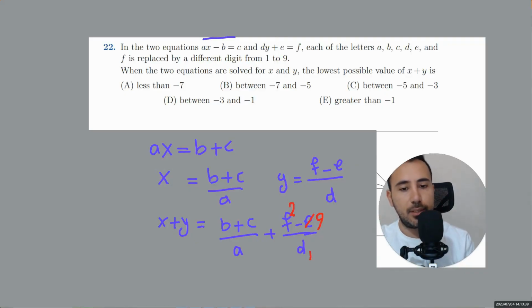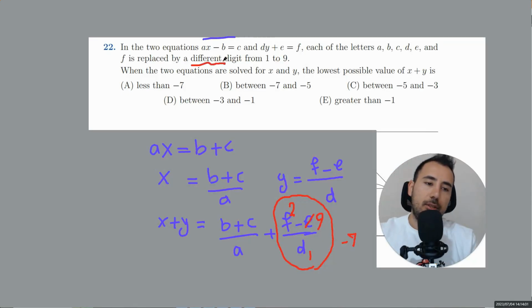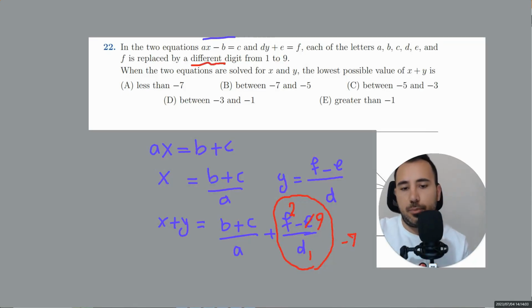So it's going to give us negative 7. This term, if I assign it like this, is negative 7. And we have already used up 1, 2, and 9. So here is also a different digit, which means you cannot repeat the digits we have used.